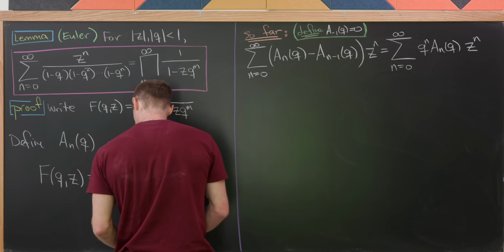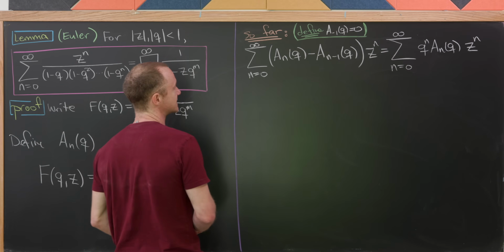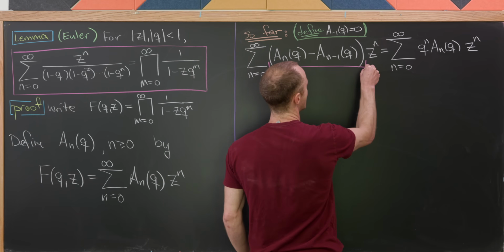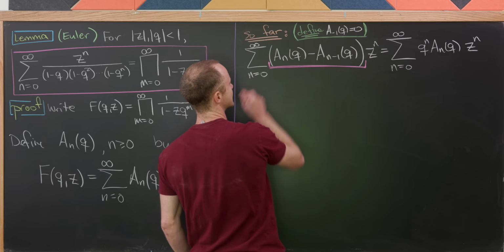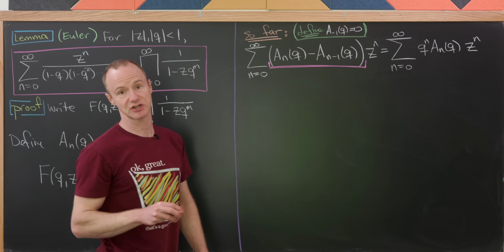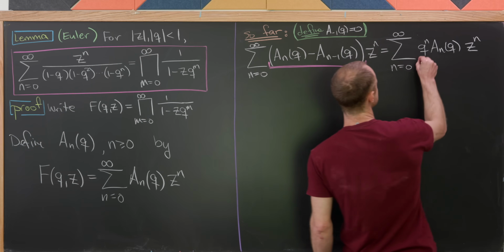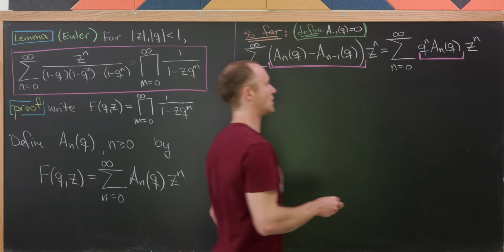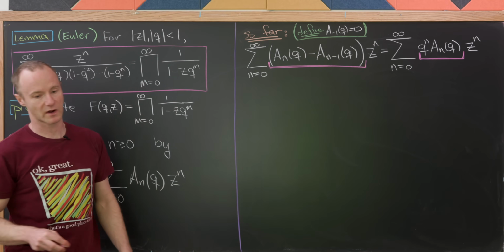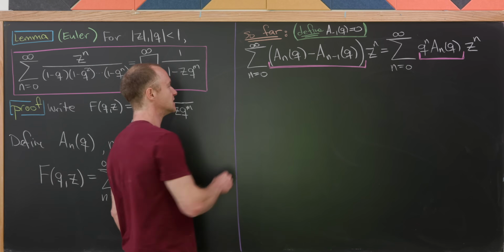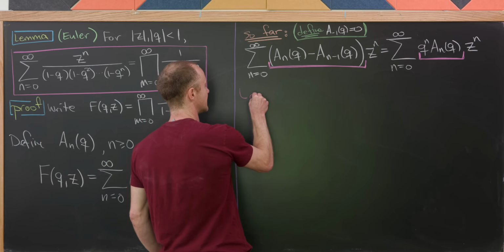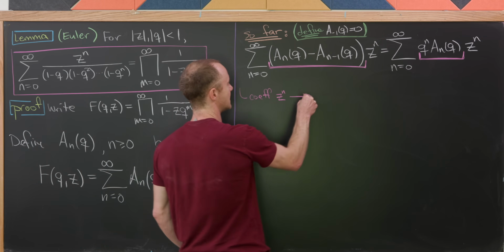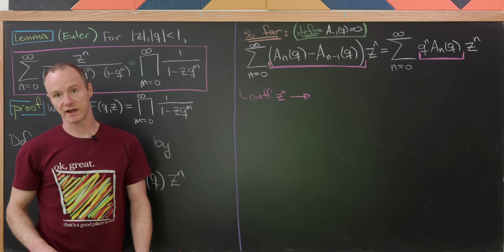Okay, great. But now what we'll do is look closely and notice that this stuff that I'm underlining in magenta on the left-hand side of the equation is the coefficient of z^n. And this stuff that I'm underlining in the same color on the right-hand side is the coefficient of z^n on the right-hand side. So now what we'll do is extract the coefficient of z^n from both sides of the equation.